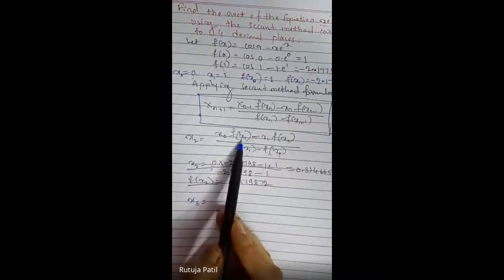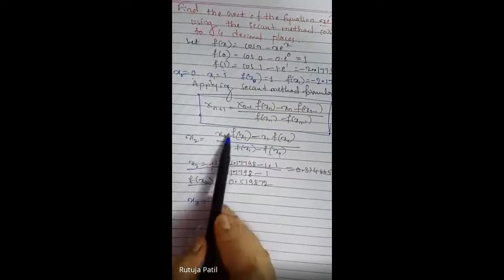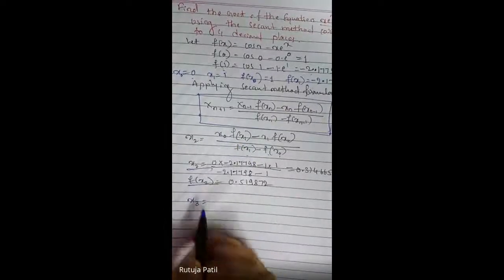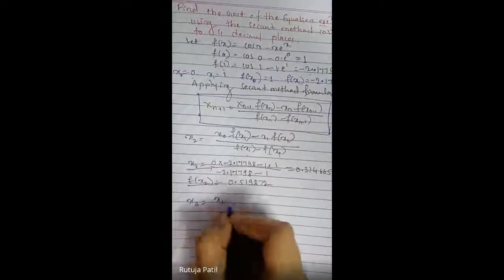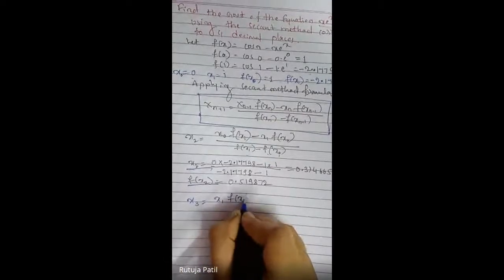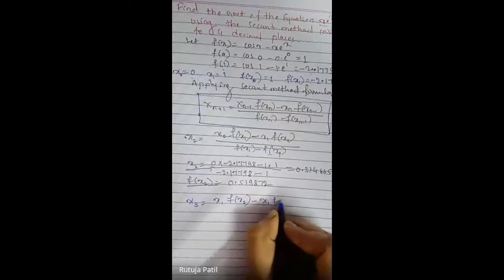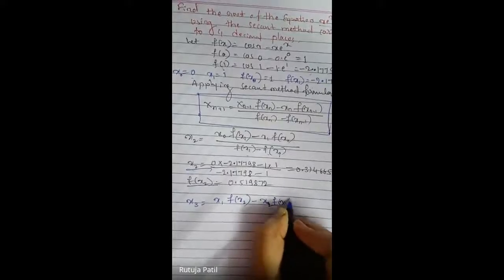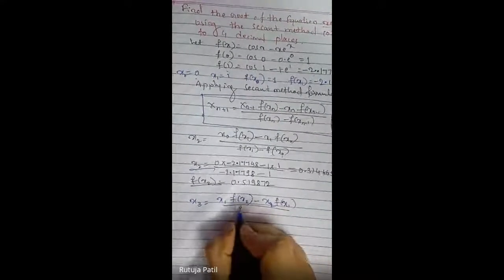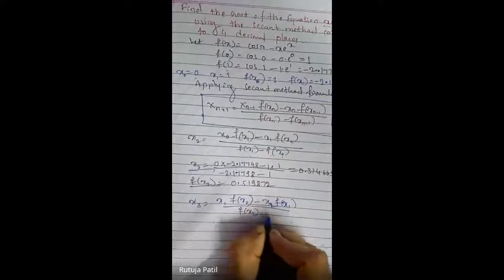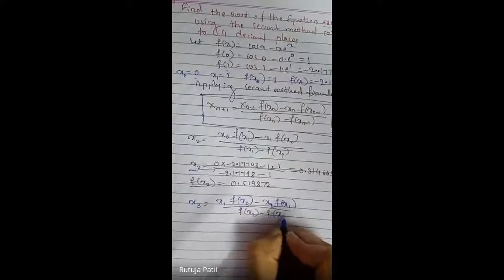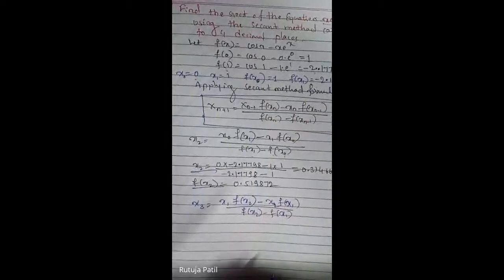And less than this, one value for this x will be this x term, right? So now for this x3, what can I write? x1 f of x2 minus x2 f of x1, divided by f of x2 minus f of x1.